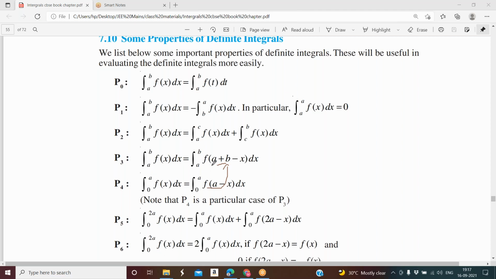If you consider the sum of the upper and lower limits, you get 0 plus a, which is a. Based on the above property, you have f of 0 plus a minus x, and 0 plus a is a, so f of a minus x dx. That is property number 5. Here it is P4.